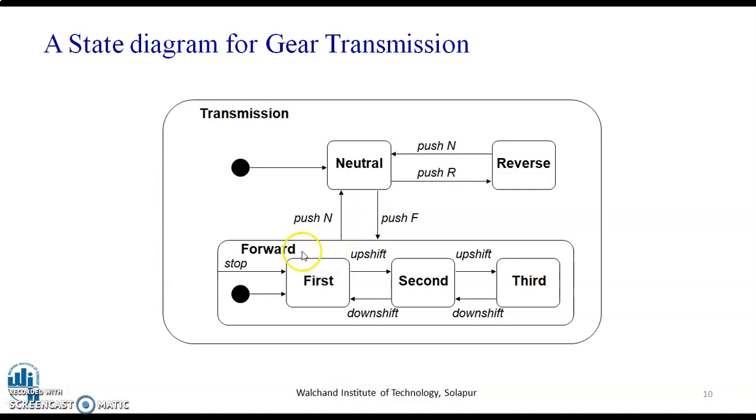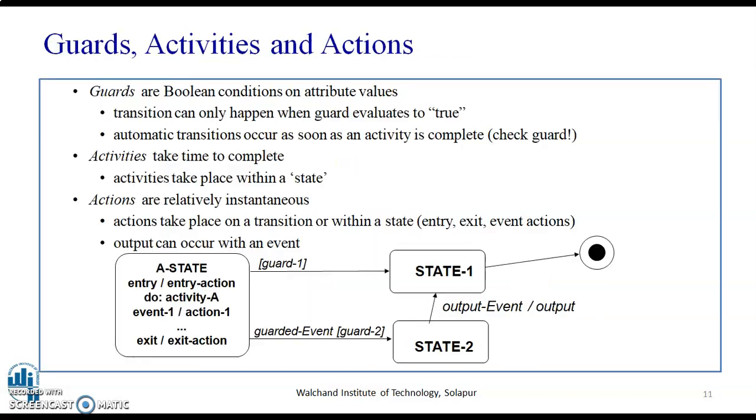So when a forward gear is put on, you go for the first gear, second gear, third gear, and there are ways in which the gear transmission takes place. So whenever you are driving is one state. After that there is one gear transmission, and in gear transmission also there is neutral, reverse, first, second and third, which is shown diagrammatically.